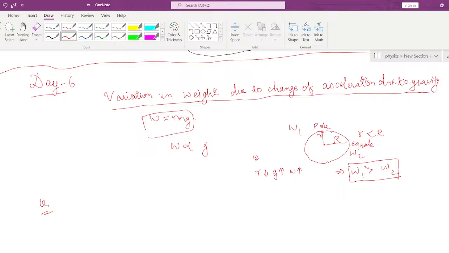Let me first ask what mass is and what weight is, and whether there is any difference. If there is, can anyone tell me in the chat box? So we have a question: what mass can the person lift on the moon if she can lift a mass of 100 kg on earth.